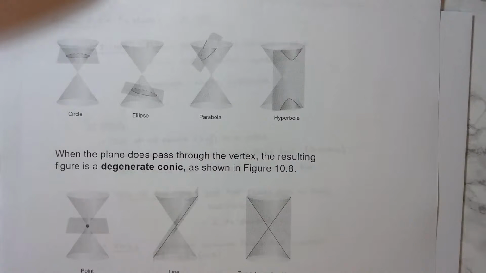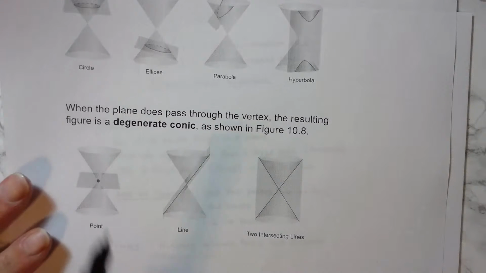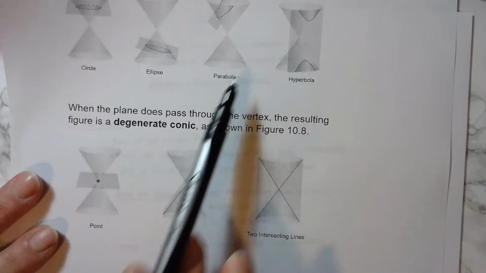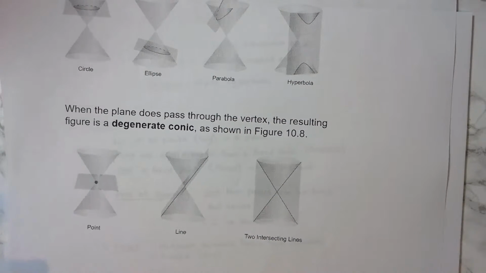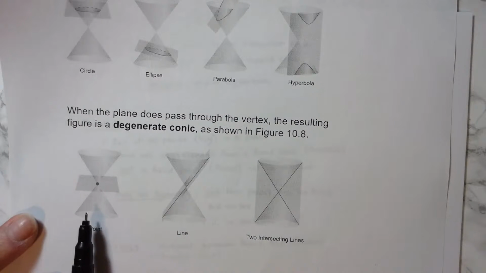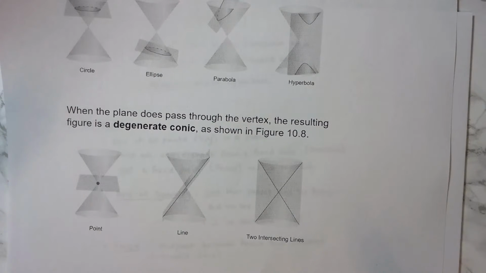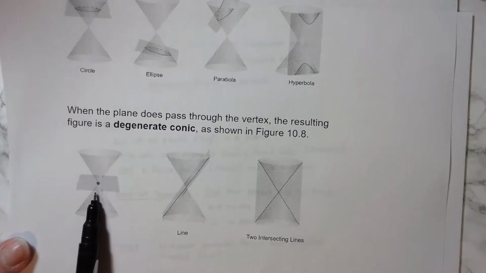The other thing you should know, well, I don't know if you need to know it for this class or not, but it's worth mentioning that in all of these, the plane doesn't touch the vertex. But if we stick our piece of paper, think of the plane as a piece of paper, directly in between those two vertices, what we're going to have is a point, right?